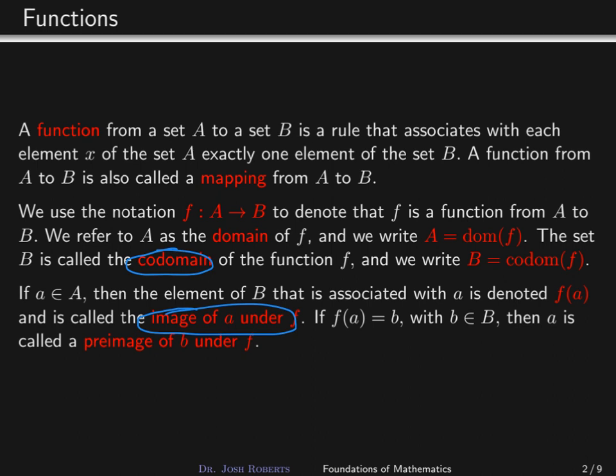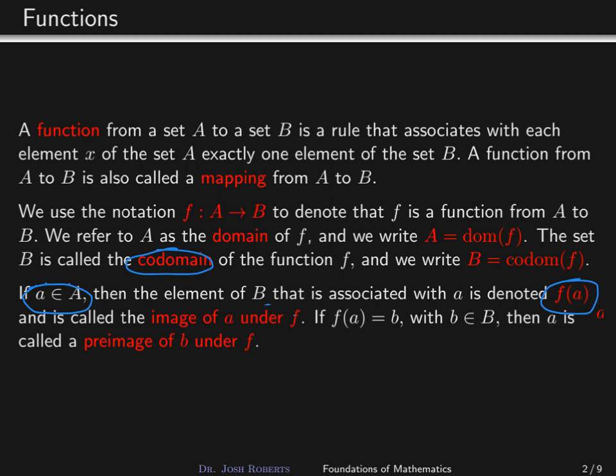We're going to do some examples to make this a bit more intuitive in just a second. But here's the key takeaway to distinguish these two things. If I start out with something in A and then apply the mapping f, I get something in B. I have an image.